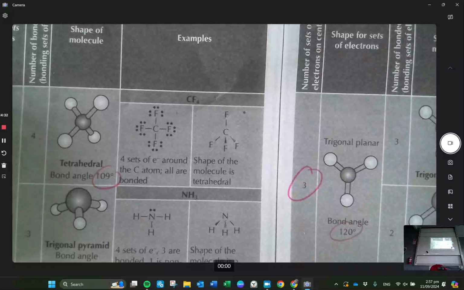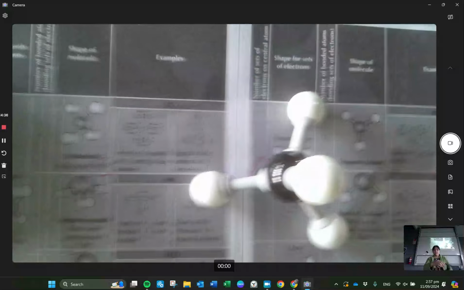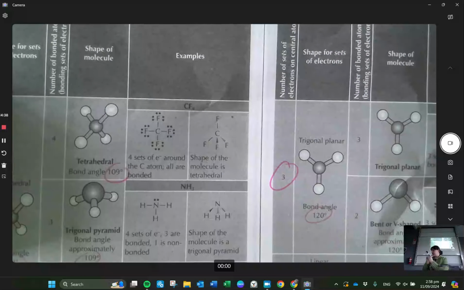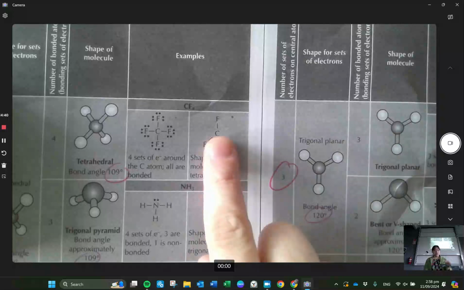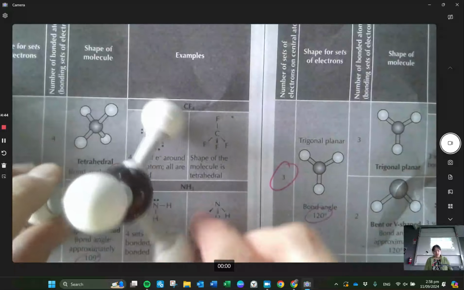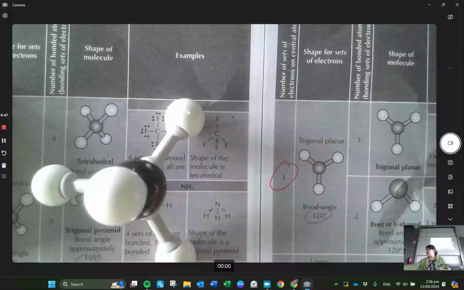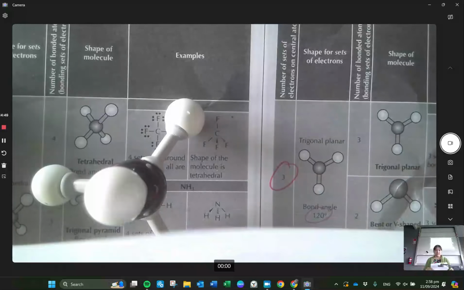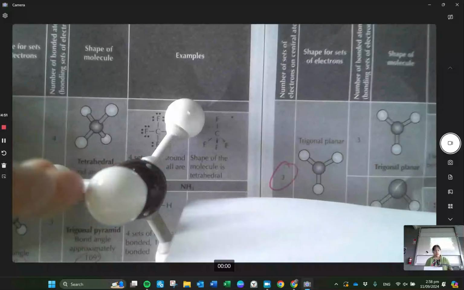So this is my tetrahedral. This is a 3-dimensional shape. We're trying to communicate this 3D shape in a 2D plane. The way we do that is we think about the plane of existence. Let's imagine that the line for the plane of existence is right here, going through the center.